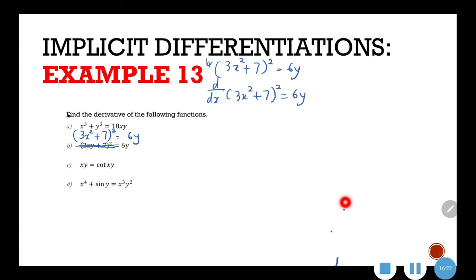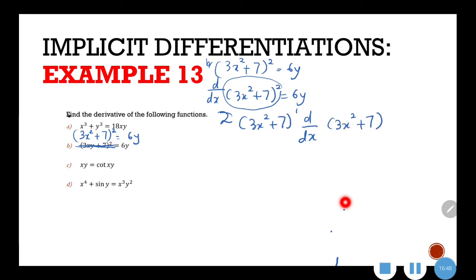So following chain rule, we should solve the outer layer first. So the outer layer is, okay, put 2 at the front, 2 and 3x square plus 7 to the power of 1, and then times with the d dx of whatever in the bracket, which is 3x square plus 7.